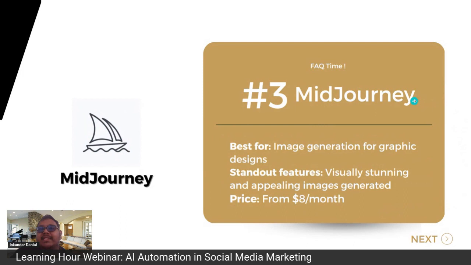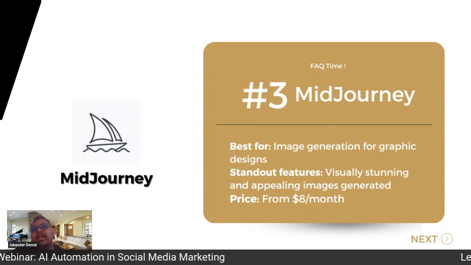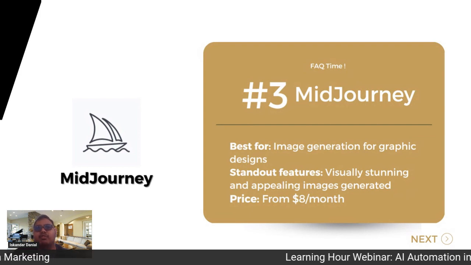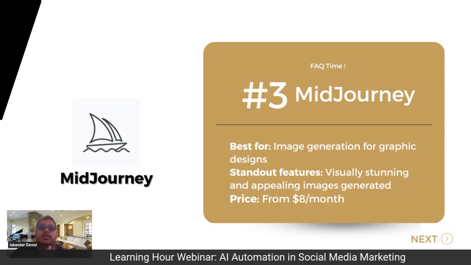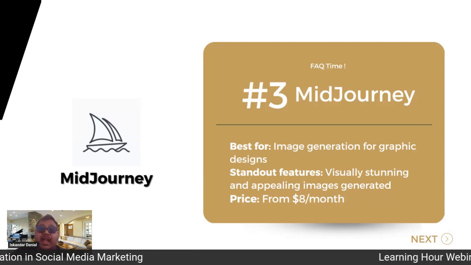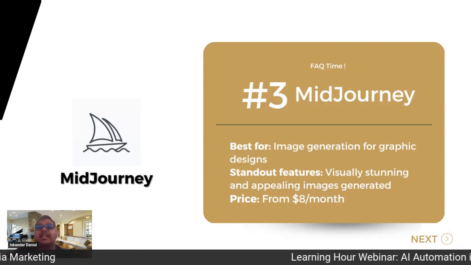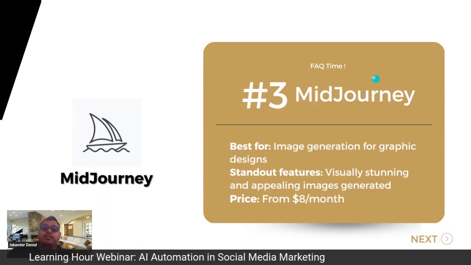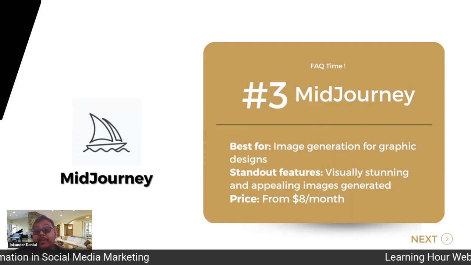Next would be Midjourney. If we are talking about generating copy or writing, we might turn to ChatGPT. However, there is another section of AI tools that can help you in terms of generating images for social media marketing. Midjourney is one of the best image generation AI tools that can be used.